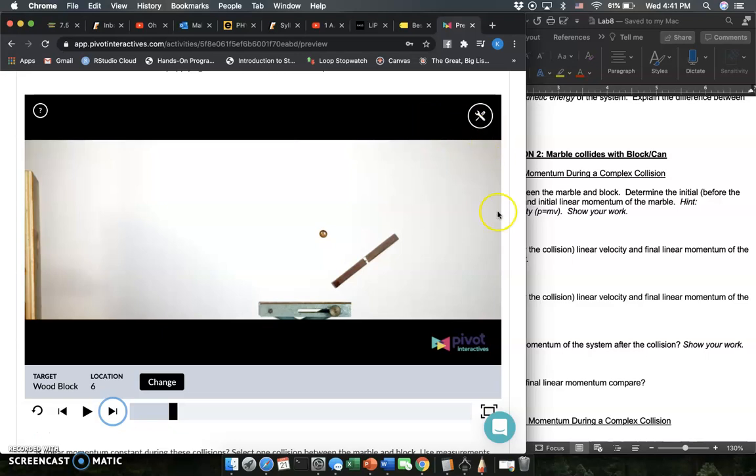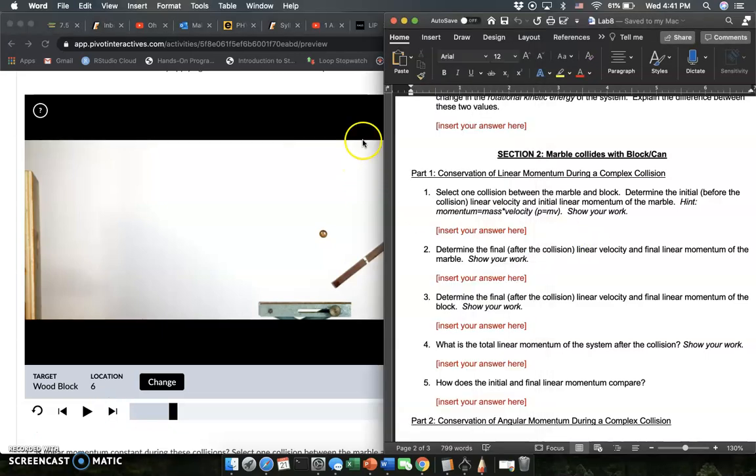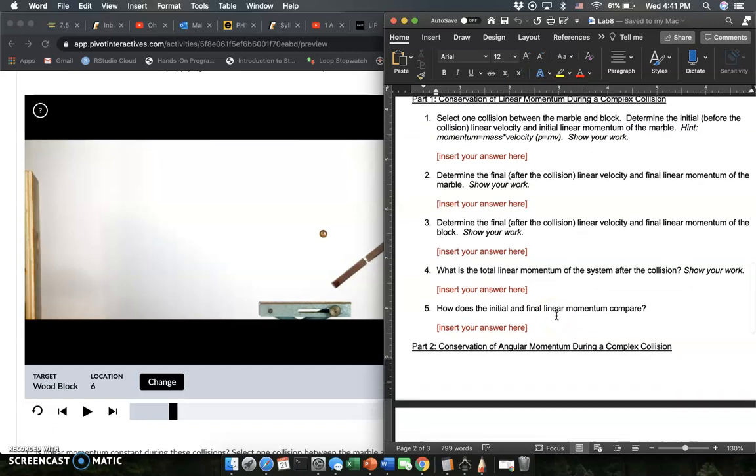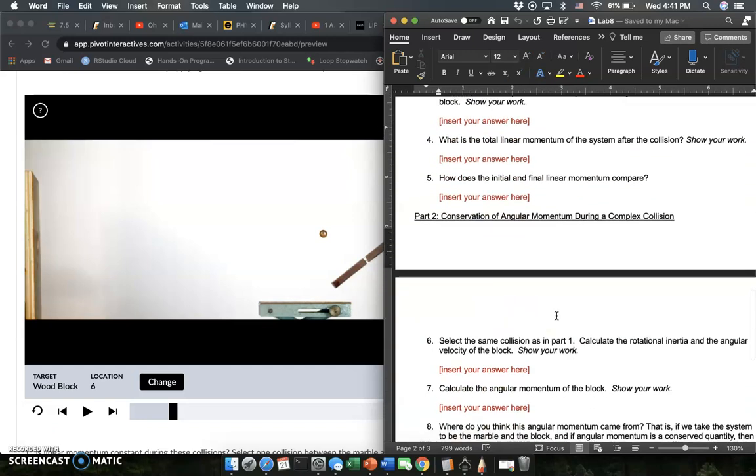So what you'll need to do here is first find the linear velocity and linear momentum of the marble. Then you'll find the final, or after the collision, linear velocity and linear momentum of the marble. Then you'll find the linear velocity and momentum of the block, and continue there.